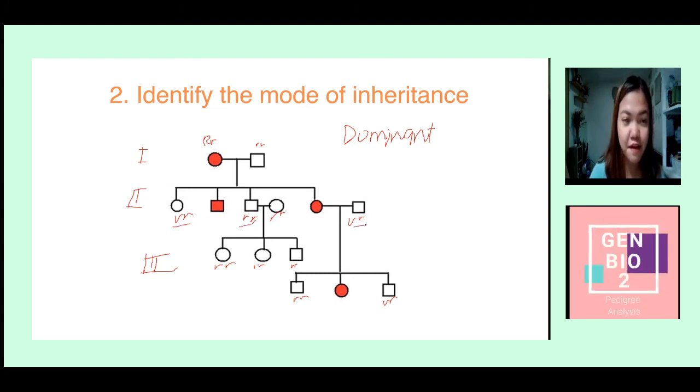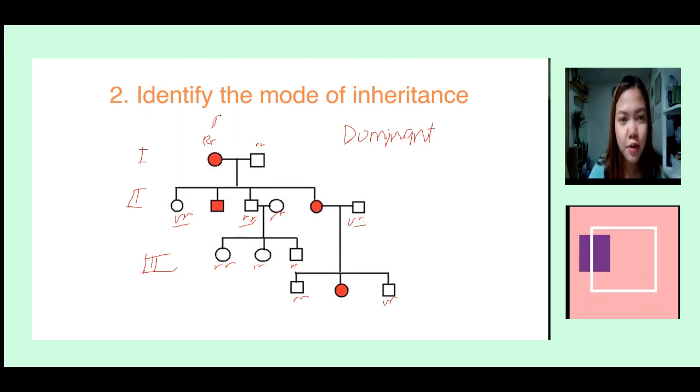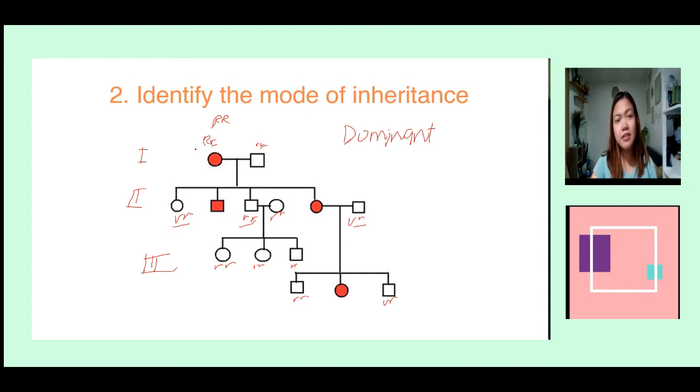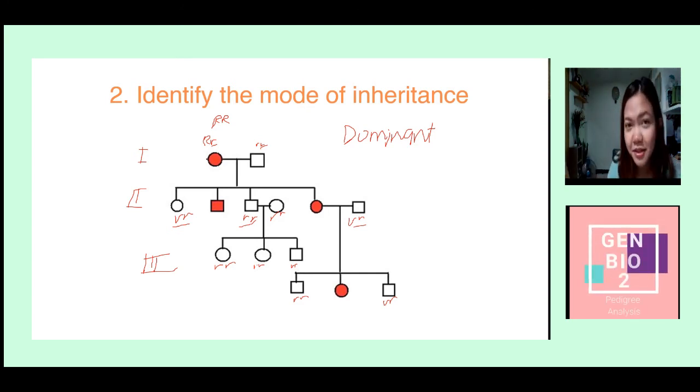Pag unaffected, the genotype is dalawang recessive allele, dalawang maliit na R. So, pag ginawa mo yung homodominant, bawal, kasi kailangan mo nga ng dalawang maliit na R. Isang maliit na R para sa father, so dapat sa mother din may maliit na R. Kahit na ganun yung genotype niya, since it's a dominant trait, ma-express pa rin.